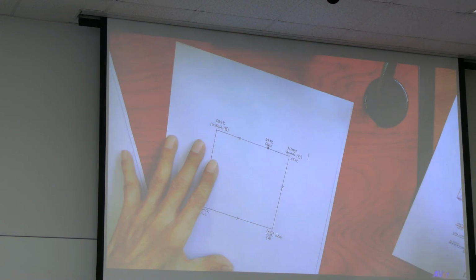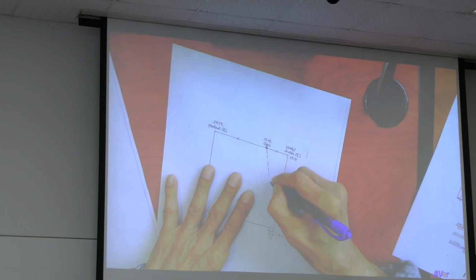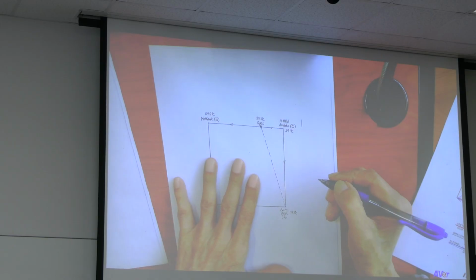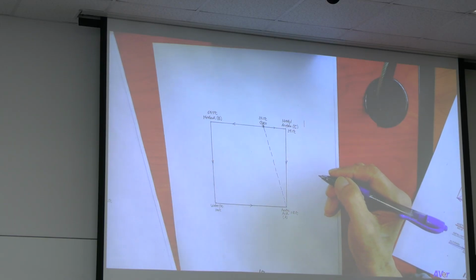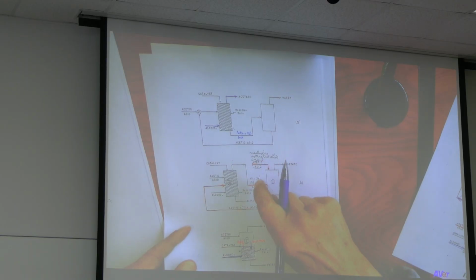I do not have a ruler, but I draw, you can draw it. Acetic acid azeotrope, right?